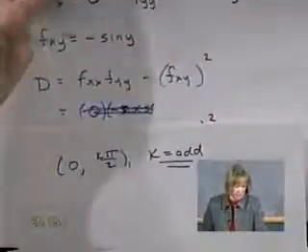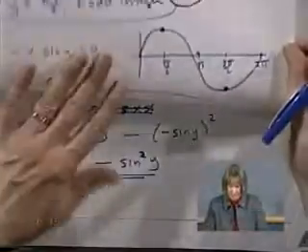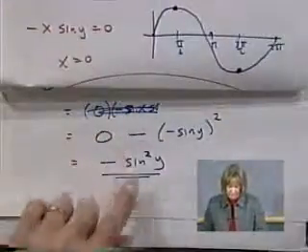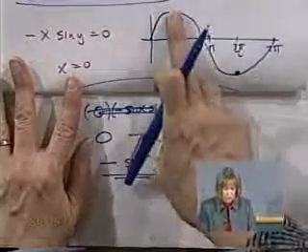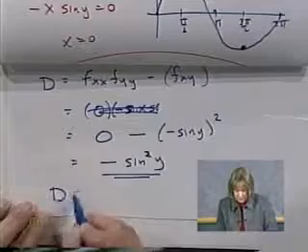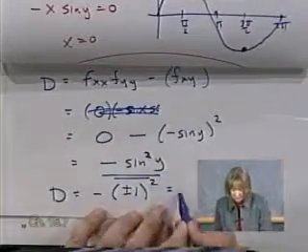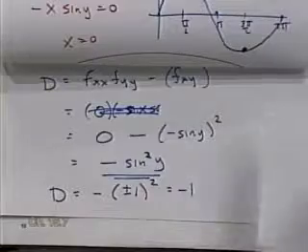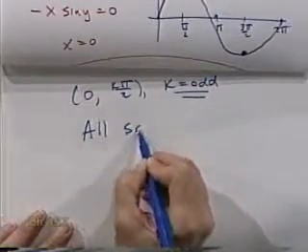Remember, we just looked at the graph. This is the graph of sine. And if you evaluate the sine at an odd multiple of pi over 2, you're getting 1 or negative 1. So our discriminant is going to be 1 or negative 1 squared, with a minus sign, so we're going to get a negative 1, which tells me that these are all saddle points.